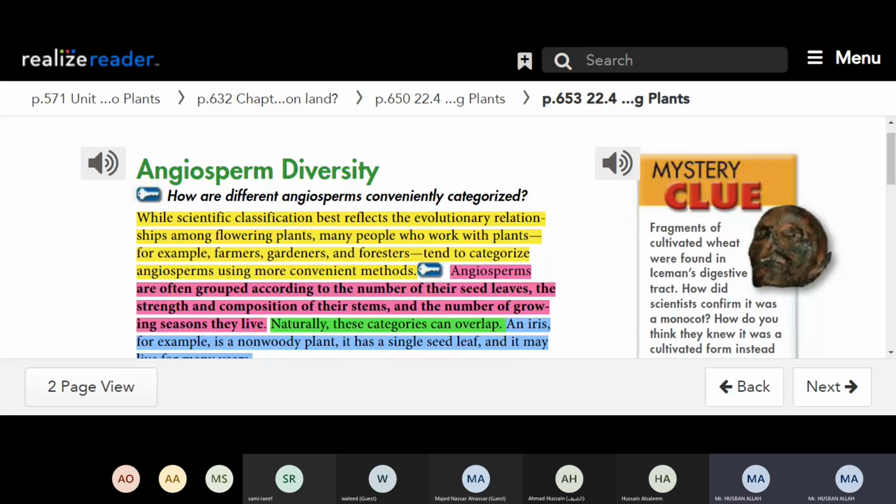Like if you look at the seed of the bean, it looks like 2 clips, 2 leaves, like in this shape. But if you look at the seed of wheat or corn, it will have 1 leaf. So there is the difference.